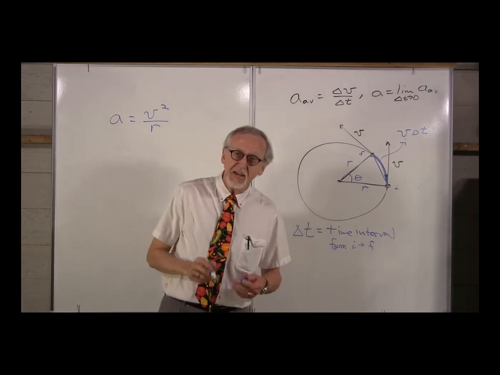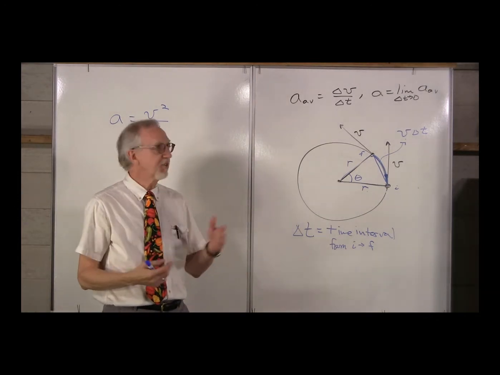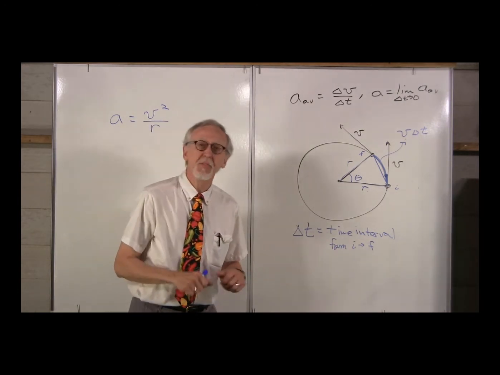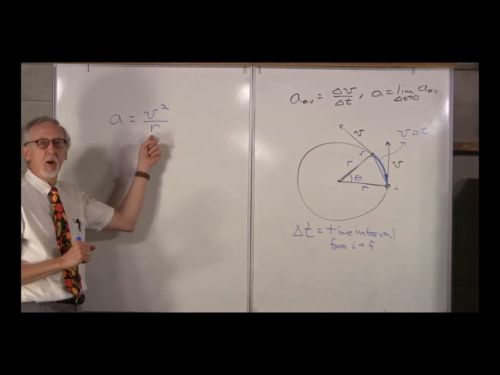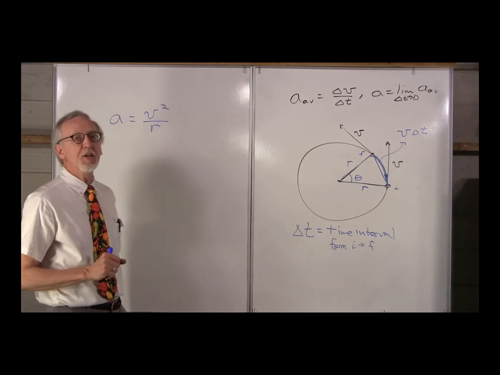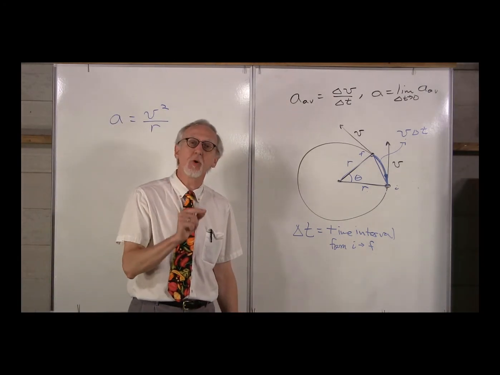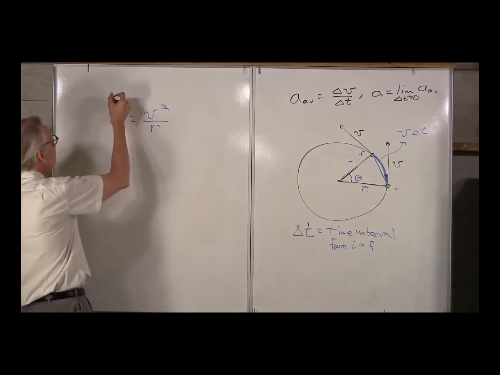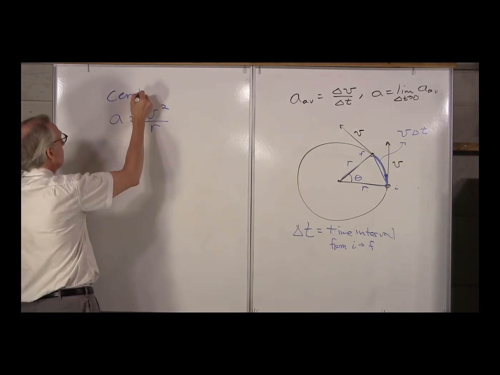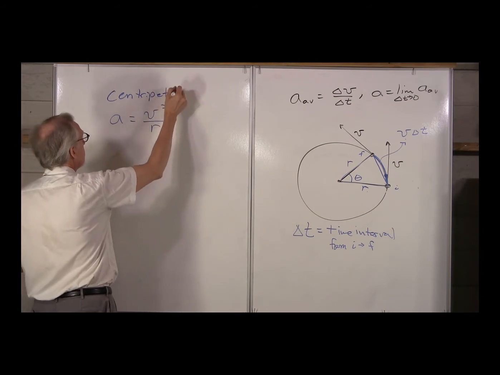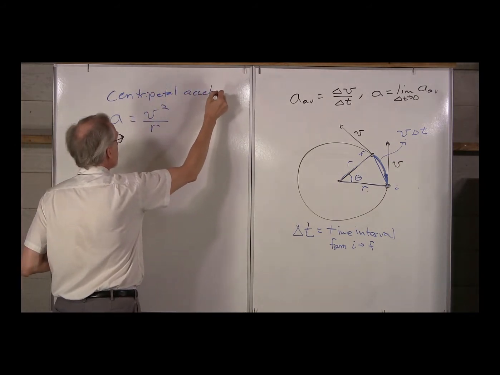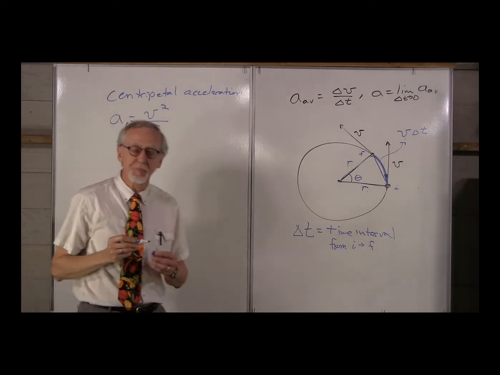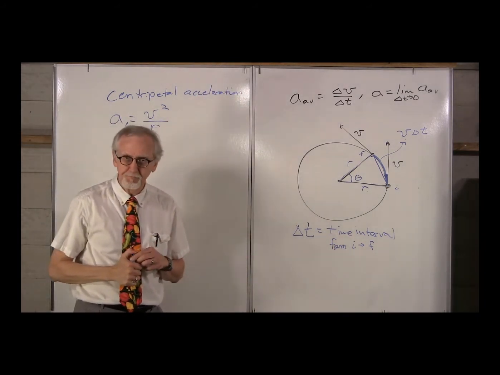The instantaneous acceleration, in other words, the acceleration for a small time interval, for an object going around in a circle, the magnitude is v squared over r. And we know that acceleration points towards the center of the circle, so that is a centripetal acceleration. I'll write that with a little subscript c for centripetal.